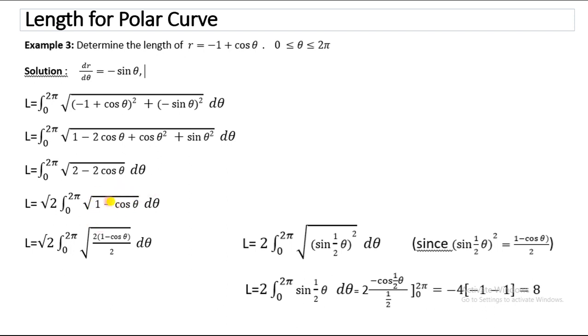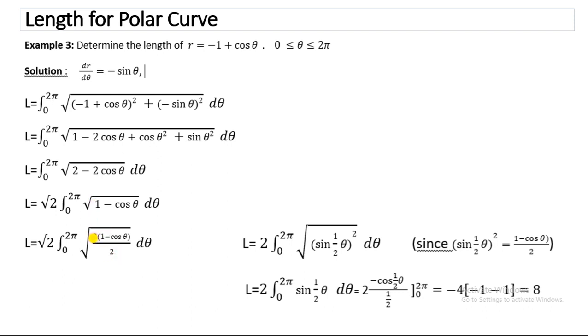Therefore, I convert this. To convert this, I need to multiply by 2 and divide by 2.